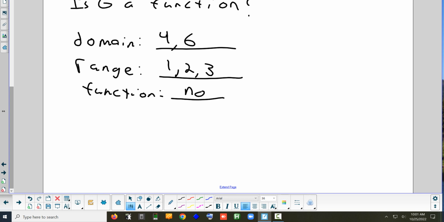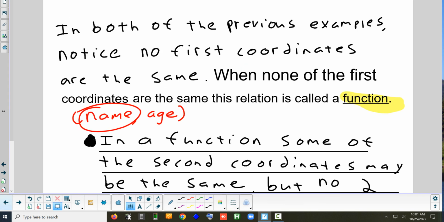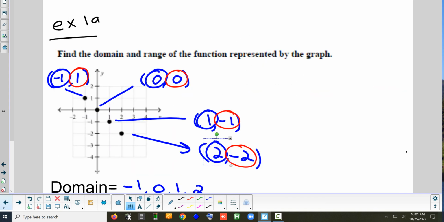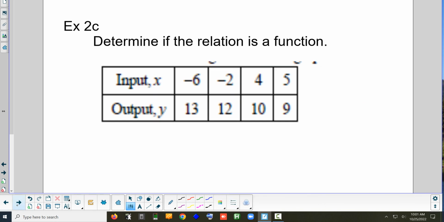All right, so I've given you guys relations a couple different ways. One way I gave them to you was as coordinates. Another way I gave them to you was as a picture. And you could figure out the coordinate from the picture. Well, here's a third way. This is a table.